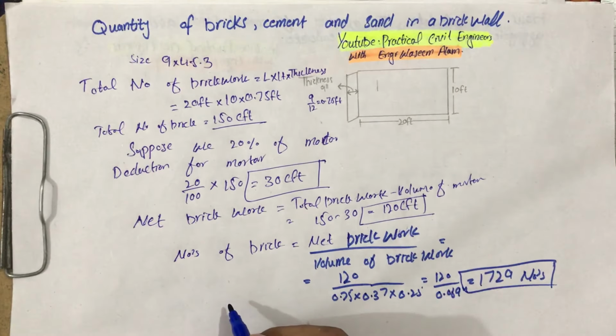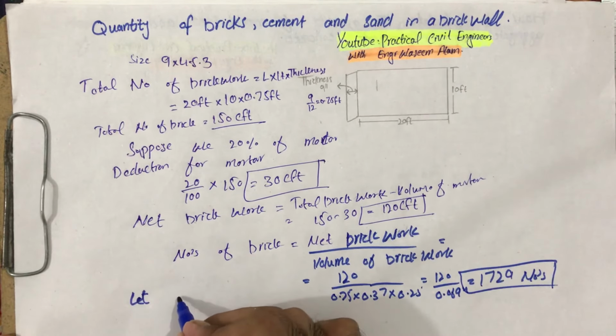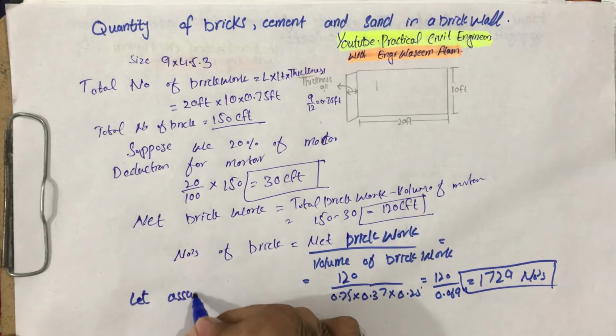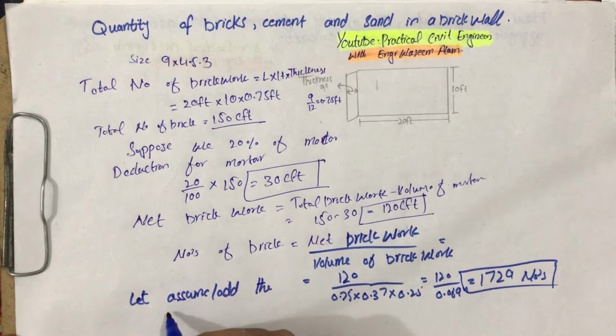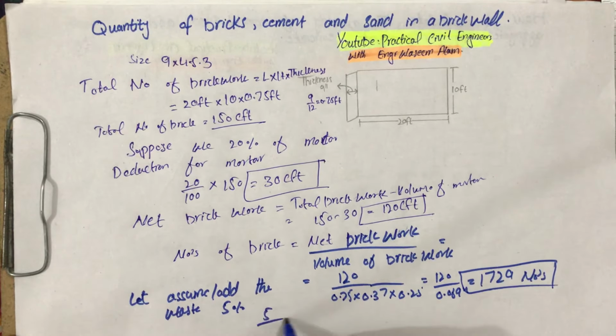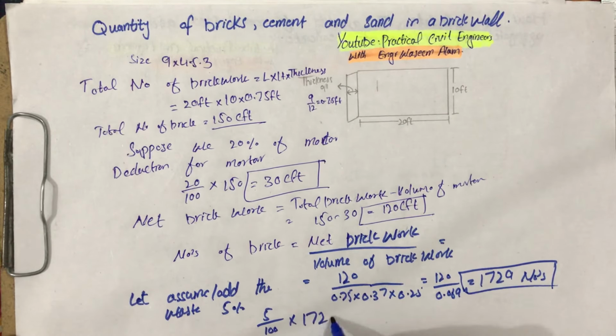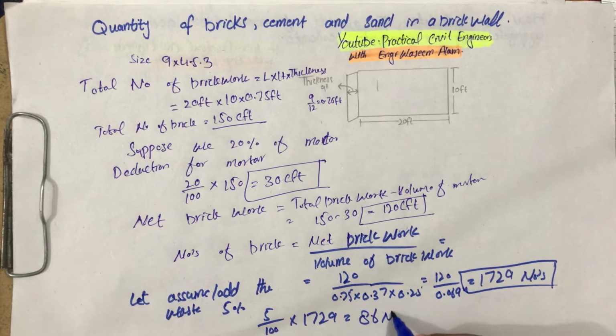Now let's assume we add the wastage. So it will be 5%. So 5 divided by 100 multiply total, so it will be 86 numbers.